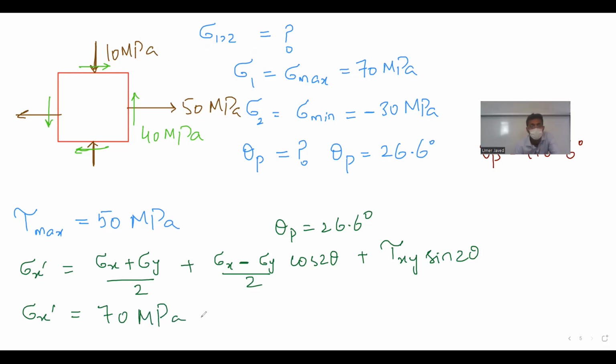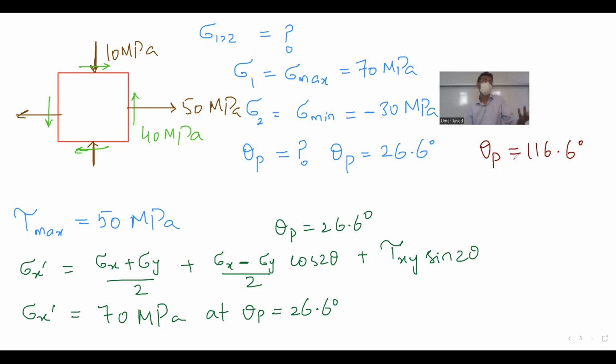So this means it happens at theta P equal to 26.6 degree. Then you can again do this for the value of theta P at 116.6. Of course, it will be a waste of time because it is pretty obvious that now I will have the 30 megapascal at minus 30.